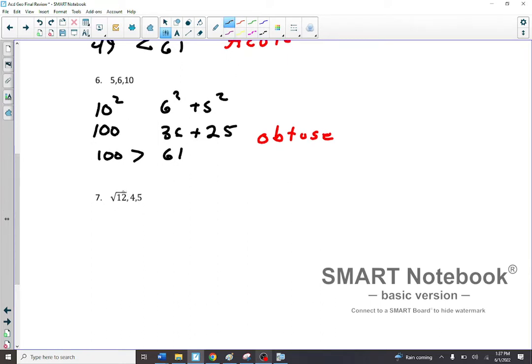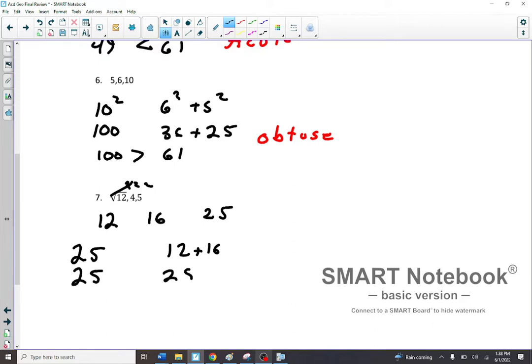Now, this one is weird because they give you square root of 12. You don't know which one's the biggest or smallest here. So what you're going to do is square everything first. So a square, square, square. When you square a square root, the square root disappears. So this is just 12. 4 squared is 16. And 5 squared is 25. After you square it, then it's obvious which one's bigger. Which one's bigger? 25. So I'm going to rewrite it like this. 25 versus 12 plus 16. 25 versus 28.